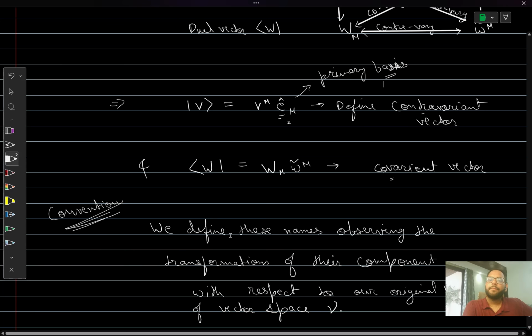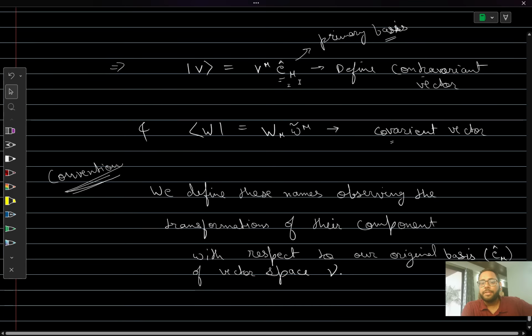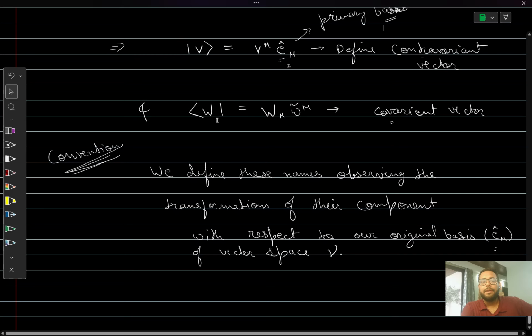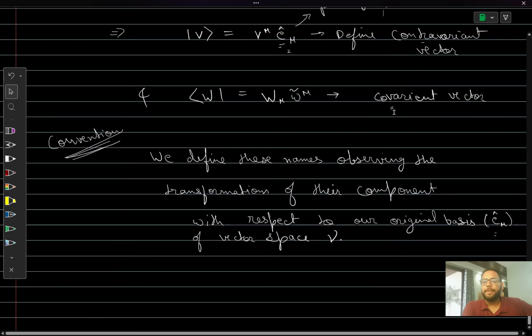That's how we name the vectors. We call vectors contravariant because their components vary contravariantly with respect to the original basis of the vector space, and the components of the dual vectors vary covariantly, in the same fashion, with respect to the original basis only.